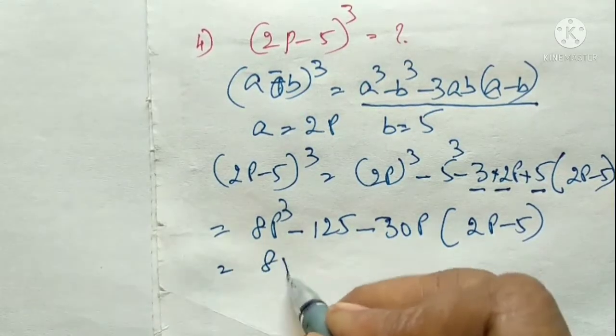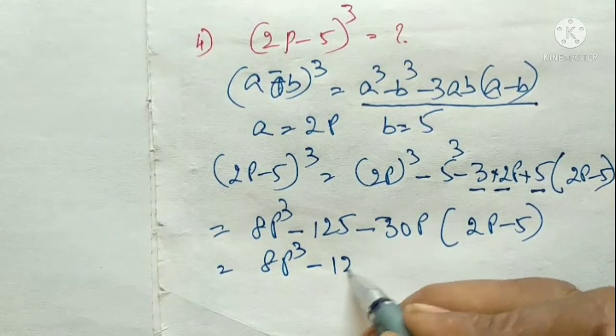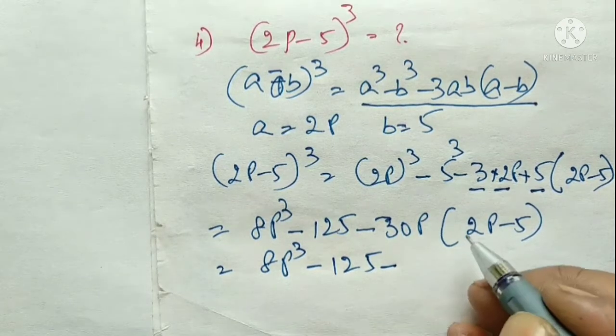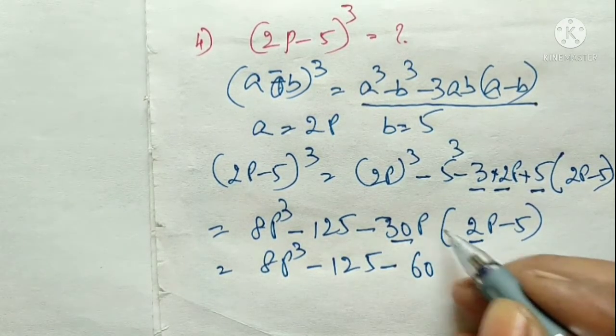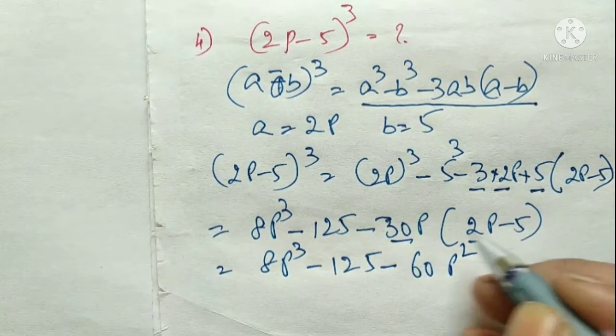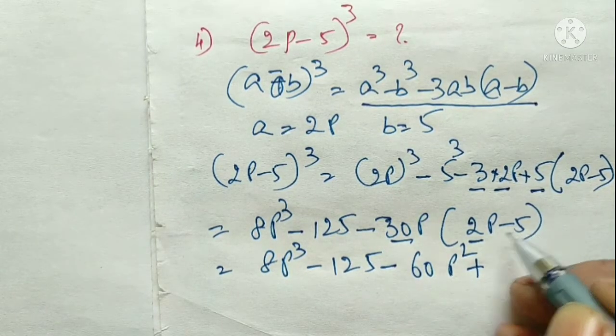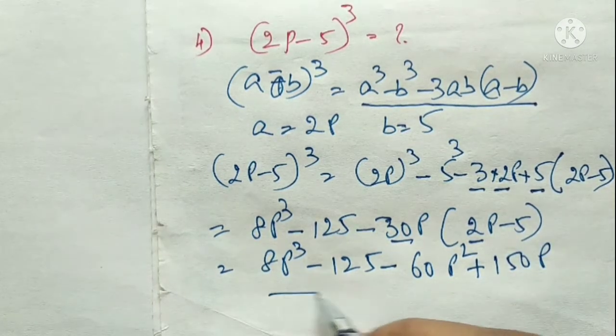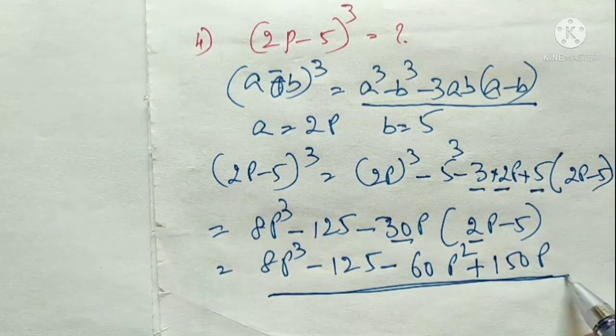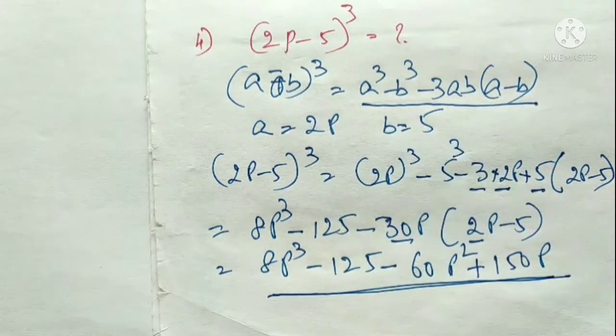The value will be 8p cube minus 125 minus 2 into 30, that is 60p into p square, minus into minus plus 5 into 30, 150p. This is the expansion form of the value of (2p minus 5) whole cube.